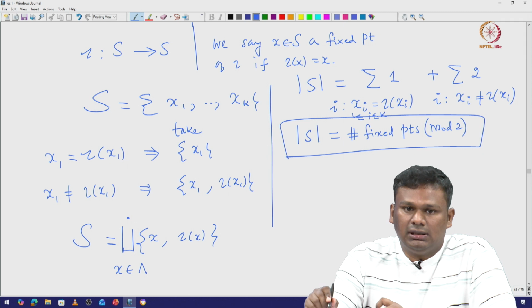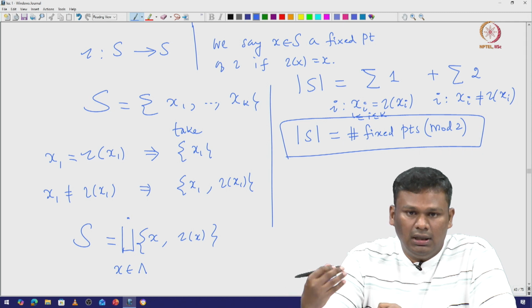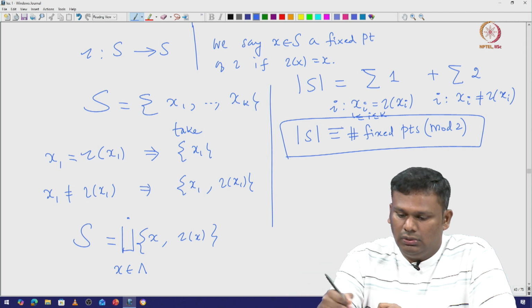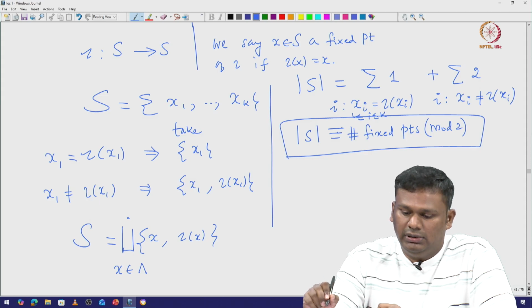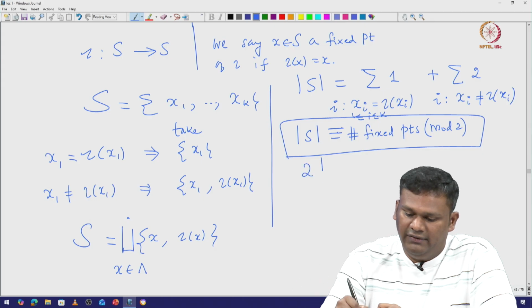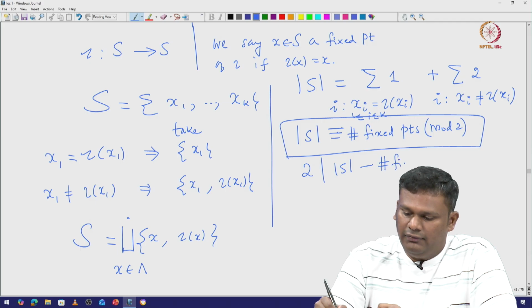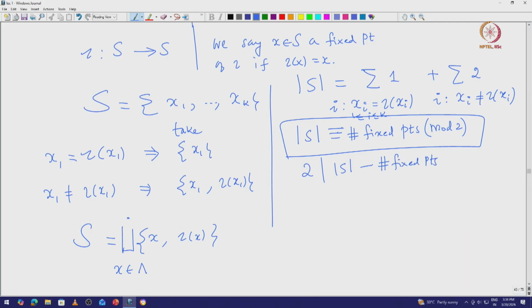So, that means the cardinality of S is going to be congruent to the number of fixed points modulo 2. That means the difference between these two numbers is divisible by 2. So, 2 divides the cardinality of S minus the number of fixed points.